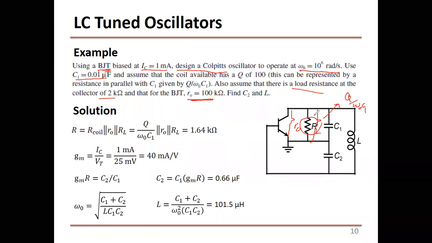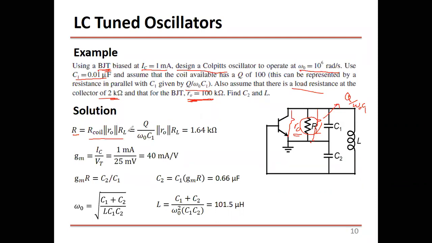So R consists of three components: RO of the transistor, which is 100 kilo ohms, RL, which is 2 kilo ohms, and another resistance, which is the equivalent circuit of the inductor at resonance, Q over omega naught C1. To find R, you have to combine these three resistors in parallel.